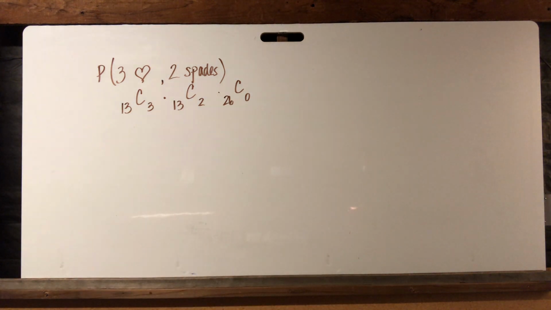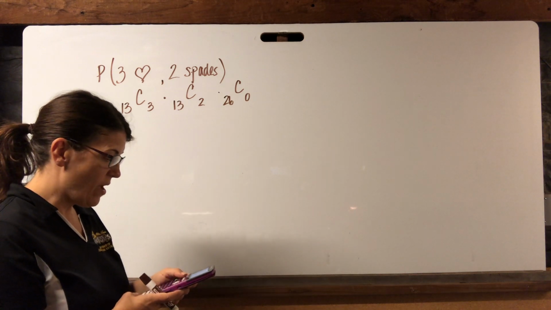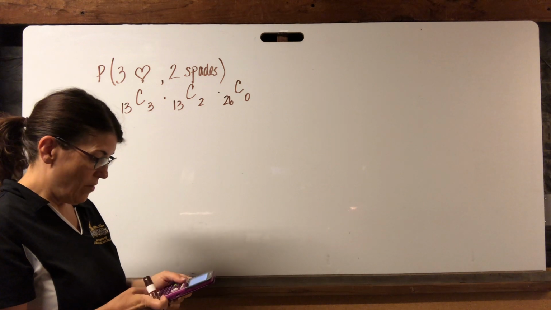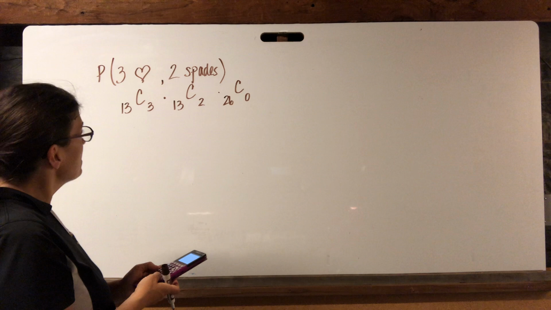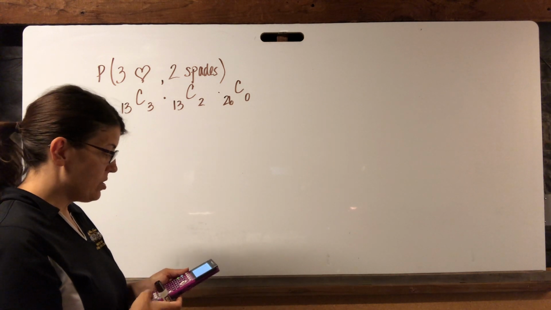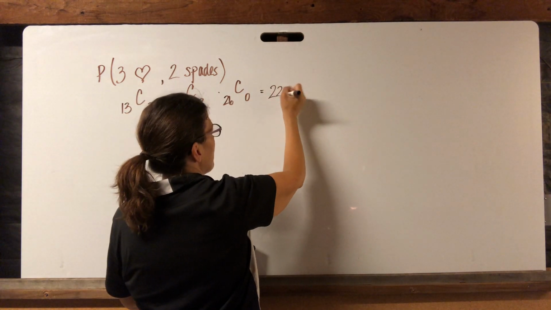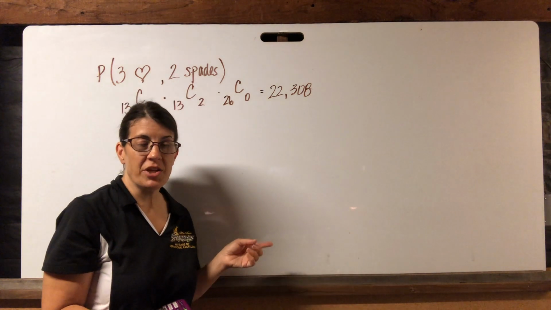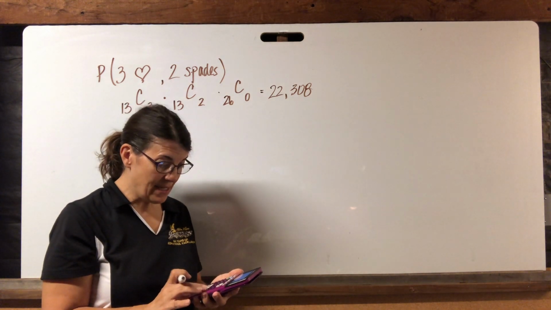So here we go. The answer to this is 13C3 times 13C2, which is 22,308. This is the number of ways that combination can happen. What's the probability that you actually get that?